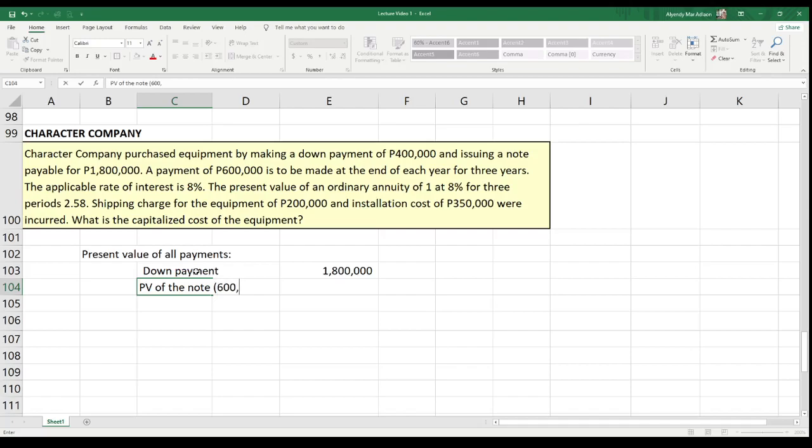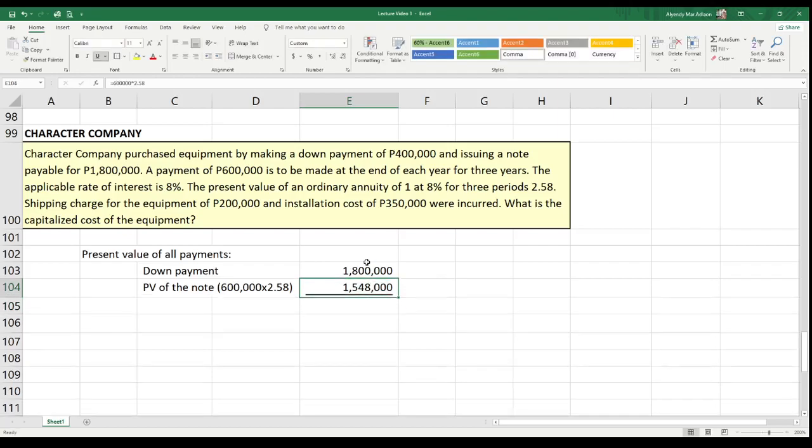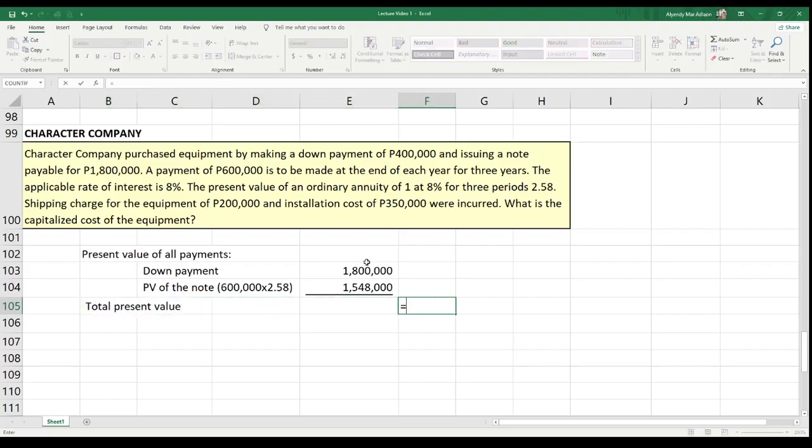We have to pay 600,000 per year times the present value of ordinary annuity, which is 2.58. So, how much is that? So, we have 600,000 times 2.58. That will give us 1,548,000. So, pila nga to ang total present value?